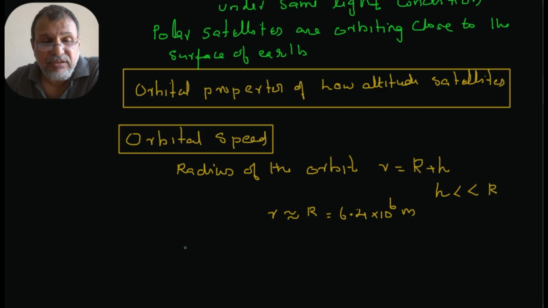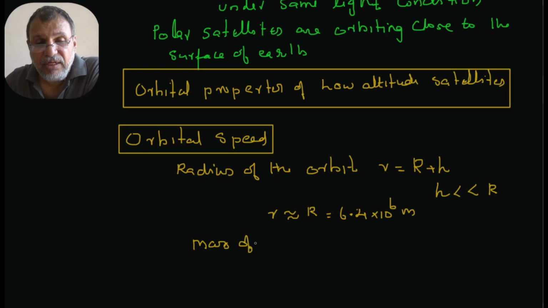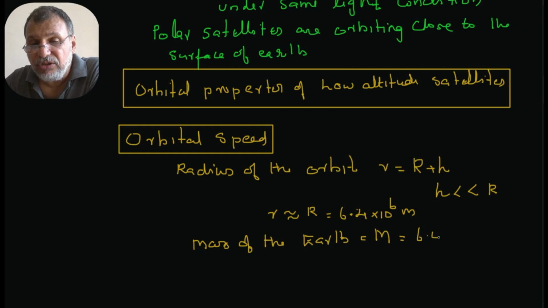The mass of the Earth has a value of approximately 6.0 times 10 to the power 24 kilograms.